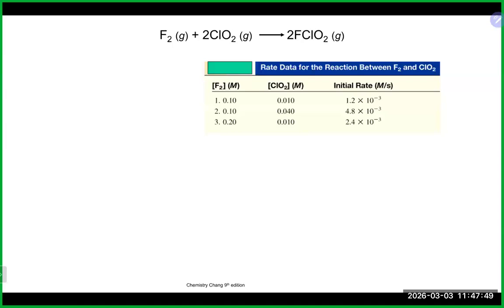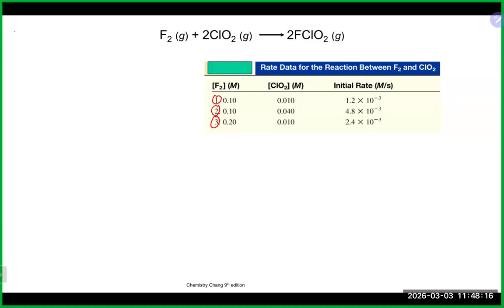Let's say we had this reaction here, and this is obviously the table that would be associated with the experiment that we performed. Here we basically have 3 experiments, experiment 1, experiment 2, and experiment 3 that they did. And this gave us some initial rates in these reactions here. And we can figure out the rate law by the data that's in the table here.